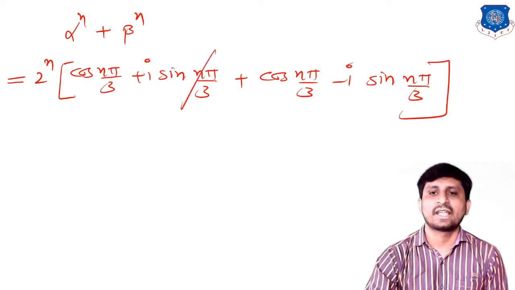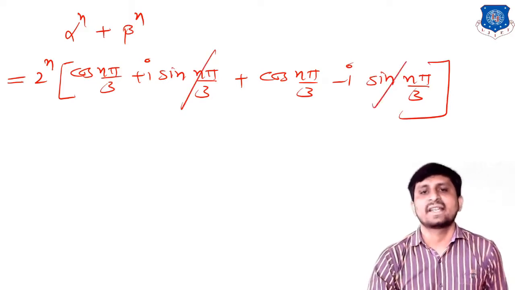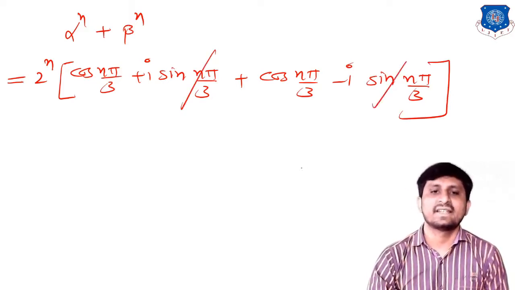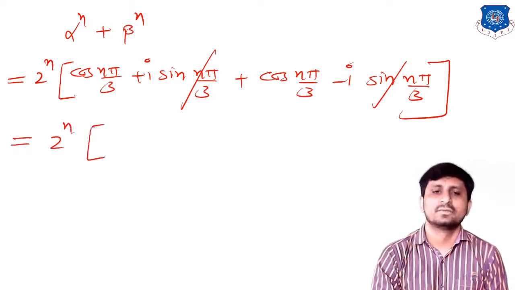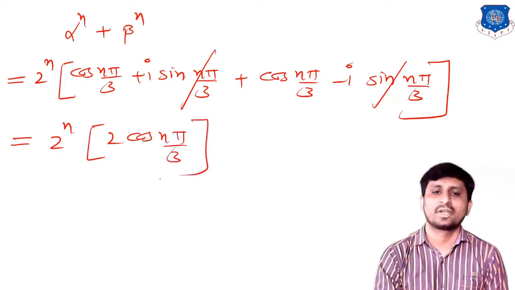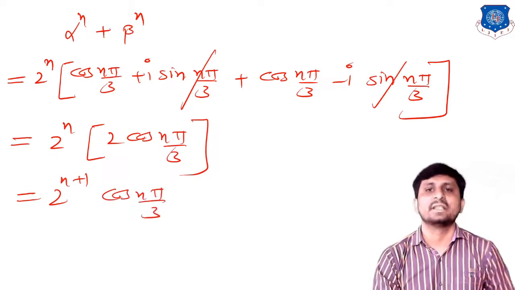So these two terms cancel out, i sin n pi by 3 minus i sin n pi by 3. So that's why it is 2 raised to n times 2 cos n pi by 3. So the final answer is 2 raised to n plus 1 cos n pi by 3.